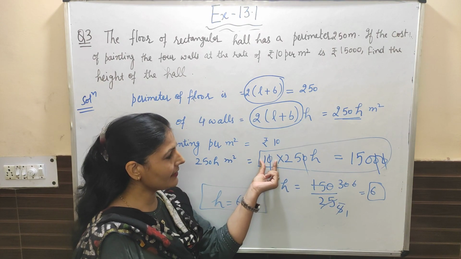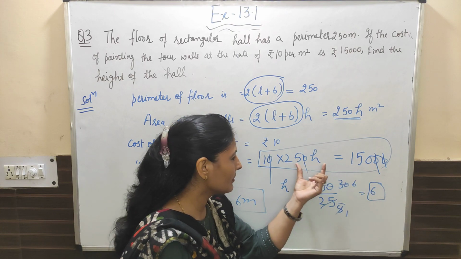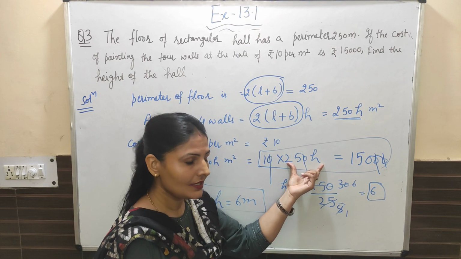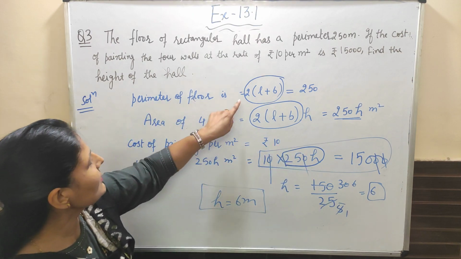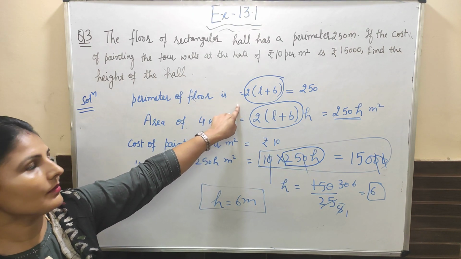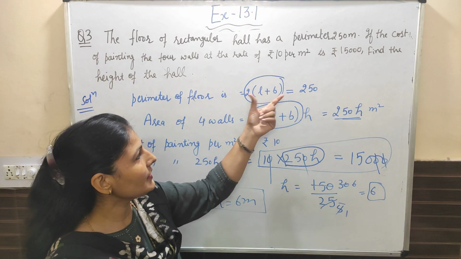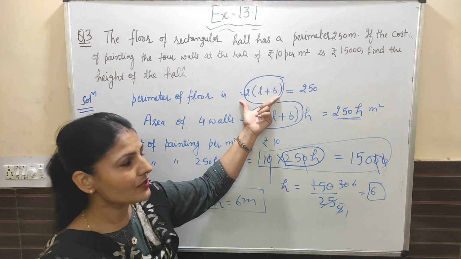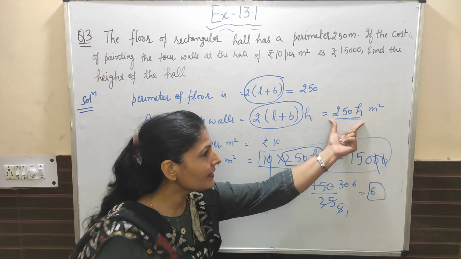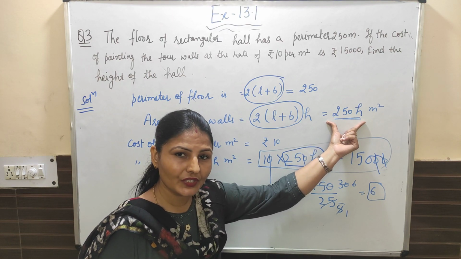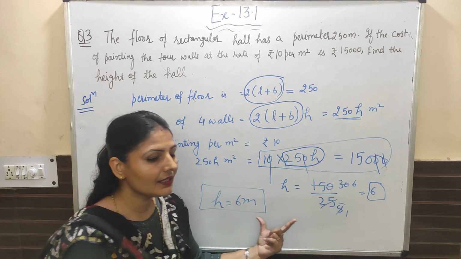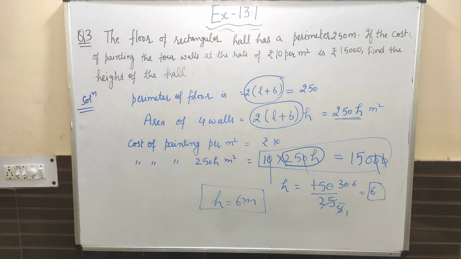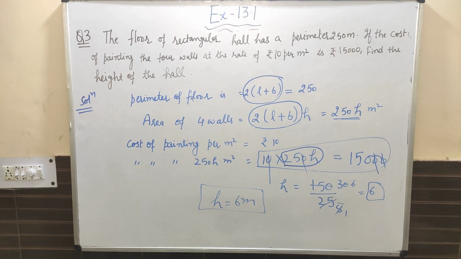We have been given the rate and the cost, and first we calculate the area of these 4 walls using the perimeter of the floor. Perimeter of the floor is 250, which is equal to 2 into (L plus B). Use it here, and we get the area of 4 walls as 250H. Then put it here and solve it. Then we get the value of H, which is equal to 6 meters.